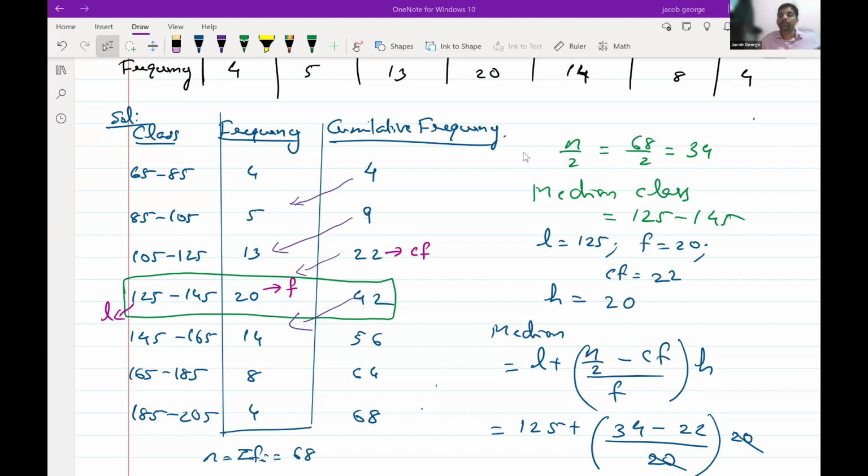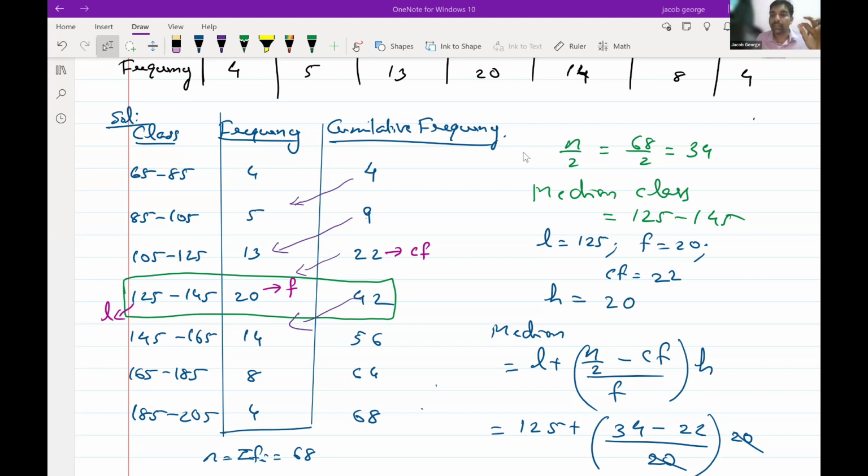Next, in the third column, which cumulative frequency is just greater than 34? 42. That row you have to highlight, and its corresponding class is the median class.